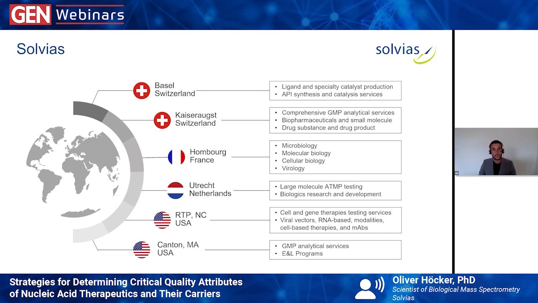Solvius is located in several sites all over the world, with a headquarters in Kaiseraugst, close to Basel. So that's a very big pharmaceutical industry hub, but also in other sites such as France, Netherlands, and also we are expanding currently strongly in the United States.